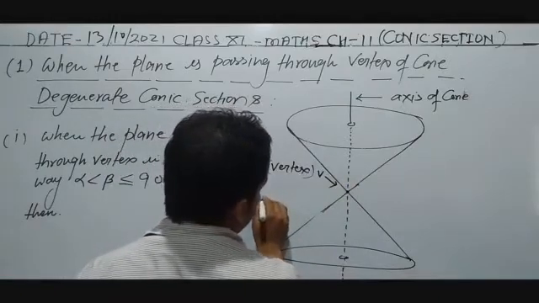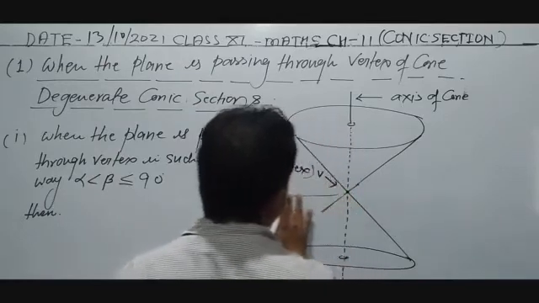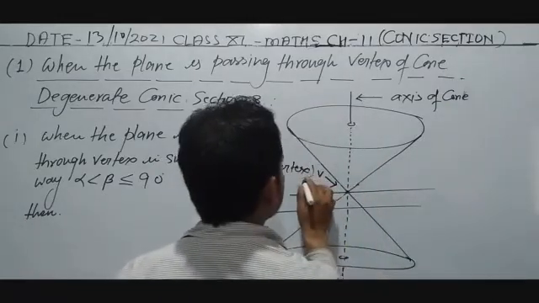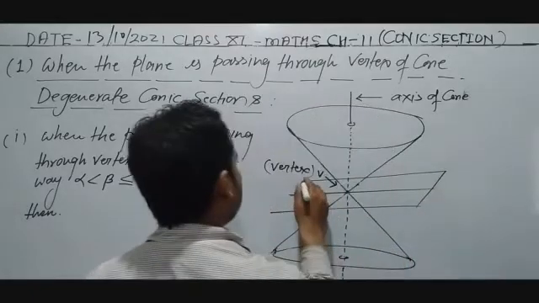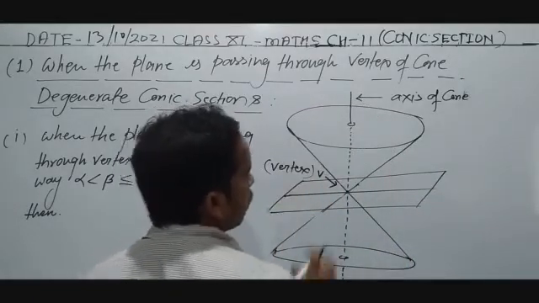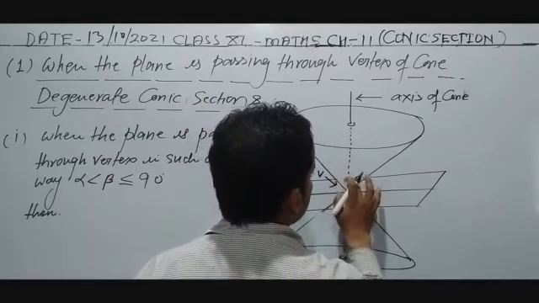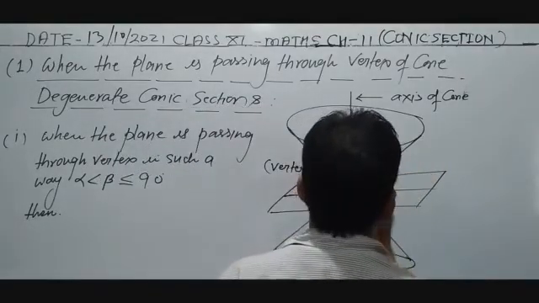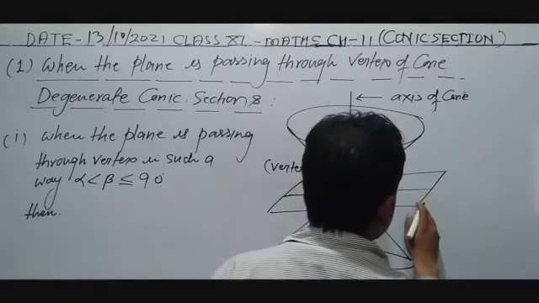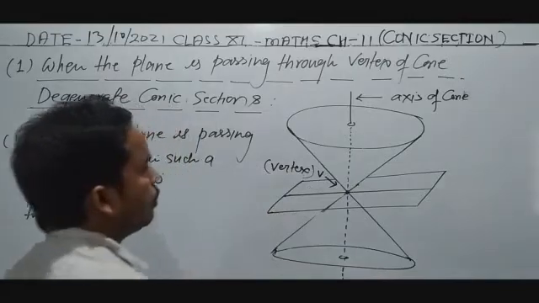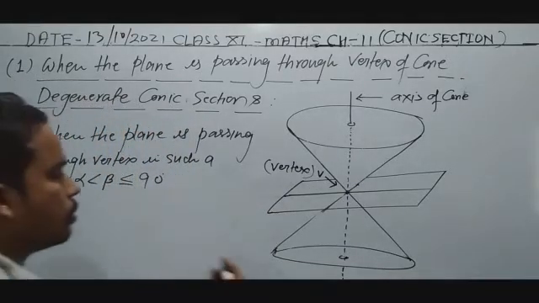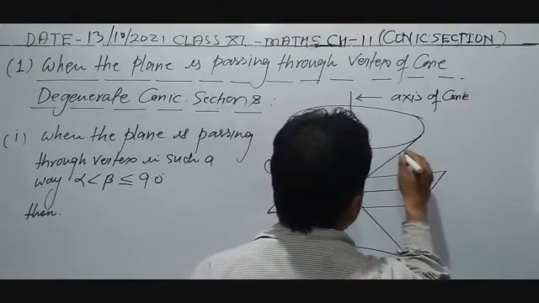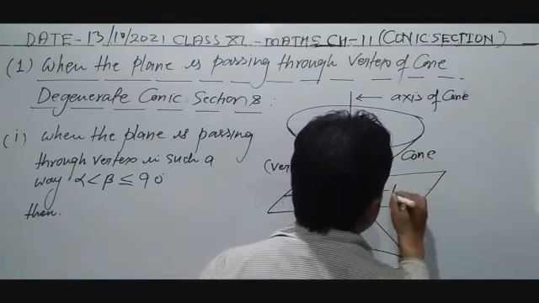Suppose this is the plane passing through the vertex. So the intersection of the plane and the cone: this is the cone and this is the plane.